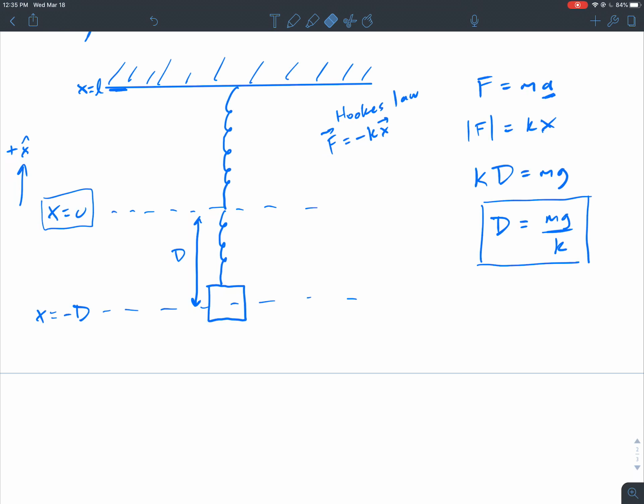Why? Because I feel like calling it q. And we're going to define q at our new equilibrium point right here to be 0. So here q is d, and way up here q equals d plus L.